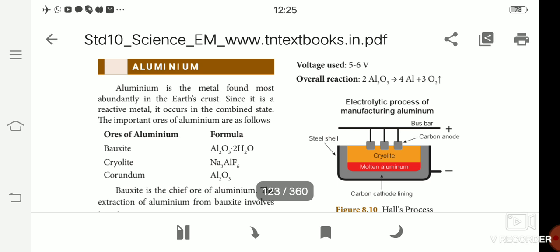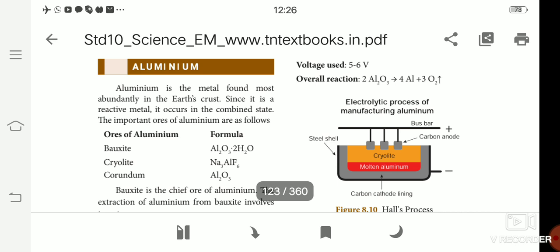On heating to 800 degrees Celsius, aluminium burns very brightly, forming the oxide and the nitride. Aluminium reacts with oxygen to form aluminium oxide, and with nitrogen to form aluminium nitride. Then the reaction with water: water does not react with aluminium due to the layer of oxide on it.